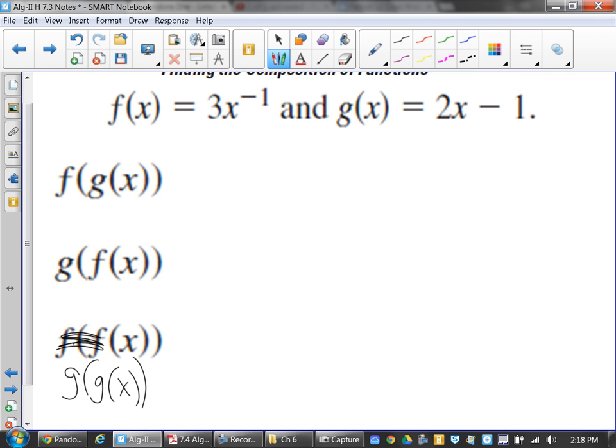All right. So when we start these out, it's just like order of operations. You're going to the innermost parentheses. The innermost parenthesis is g of x, so you write it down. And now I surround that with f.